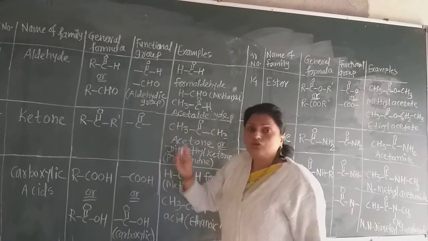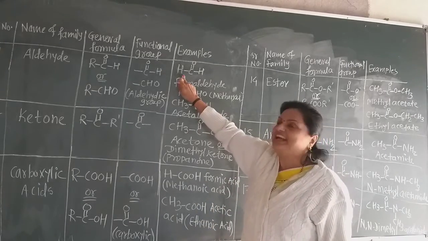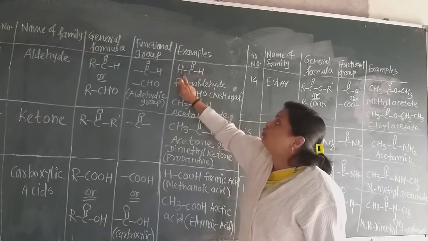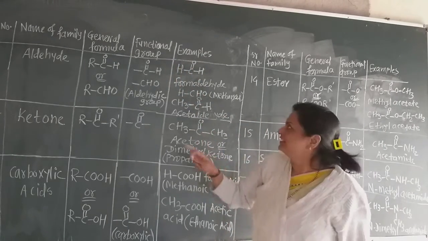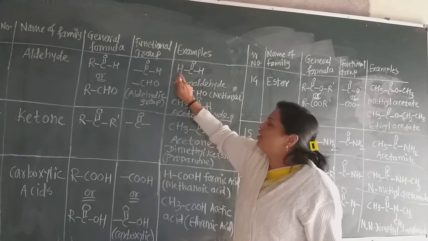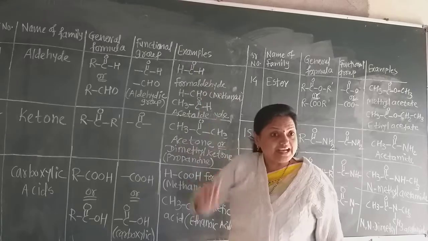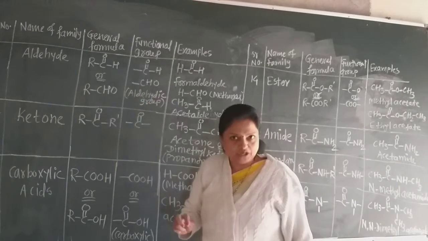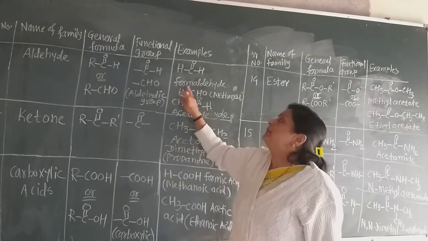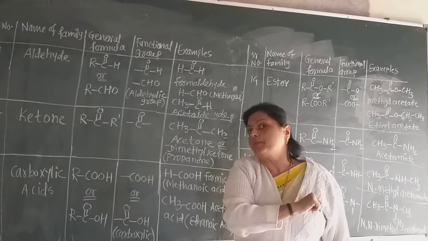Now one of the aldehydes is an exceptional case, the first aldehyde in which there is no R group; there is a hydrogen atom. Remember that the first aldehyde has, in place of this alkyl group, a hydrogen atom. That is the first aldehyde, which is the exception from the general formula, and commonly it is called formaldehyde, but that is its common name.